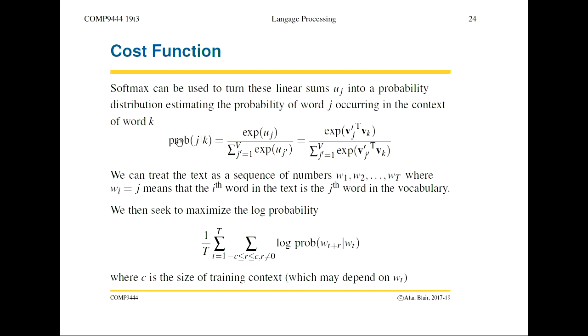So the probability of word J occurring in the context of word K is this softmax function. We assume the probability is proportional to the exponential of Uj. We have to divide by a normalizing constant. And if we substitute in the formula for Uj, it looks like this.